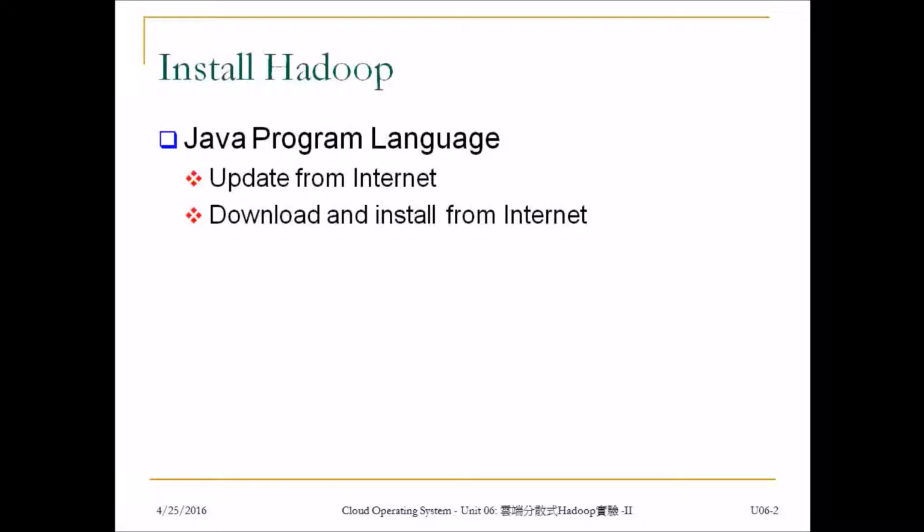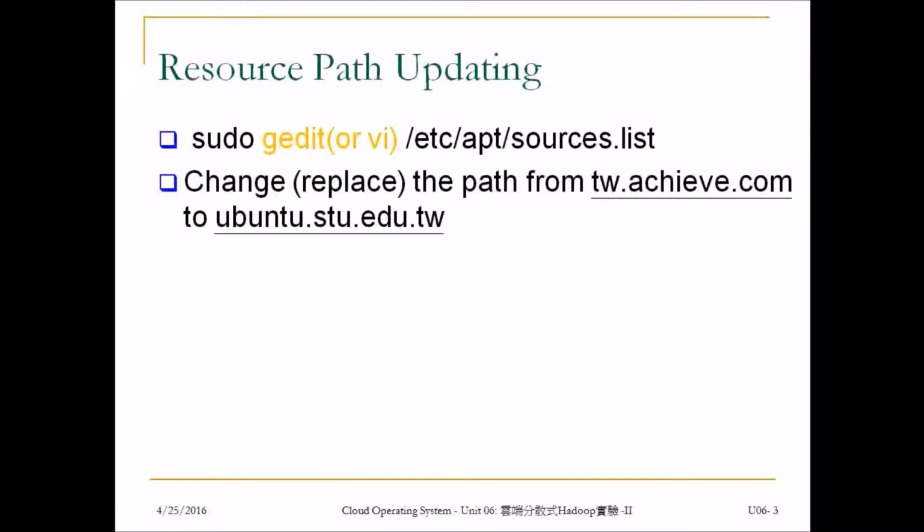However, corresponding to your version of the Ubuntu cloud environment, you have to install or configure the corresponding Java package, maybe from some company, or you need to download the Open Java package from the internet. Of course, if you want to update your cloud environment, you have to do the updating first.